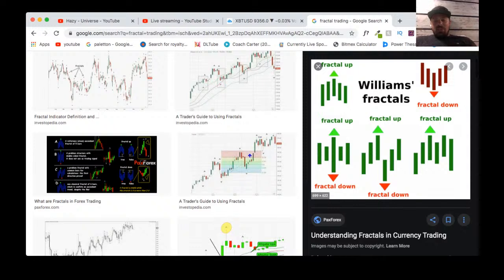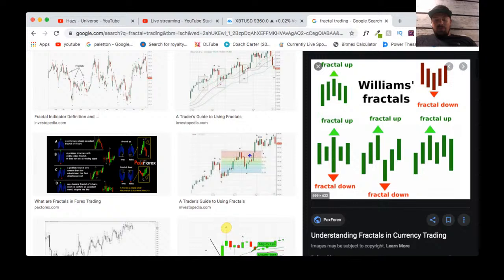So if you're trading based on fractals, you're trading support and resistance levels from the most recent support and resistance levels. Sometimes you can trade the higher time frames, like the 15-minute, the 30-minute, the 4-hour, the daily, the weekly. You want to trade fractals in those times.